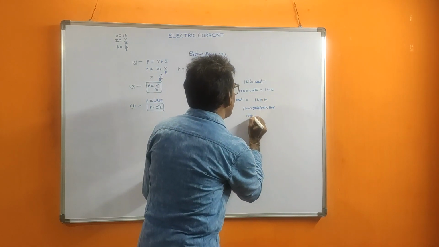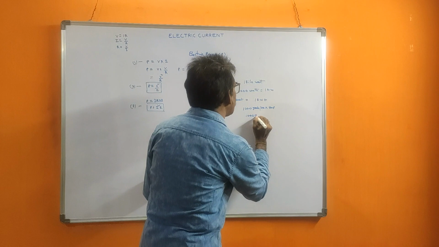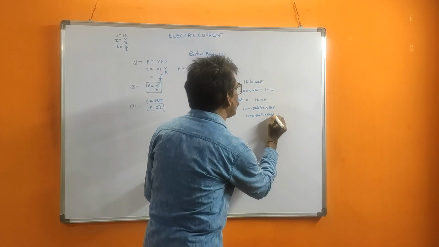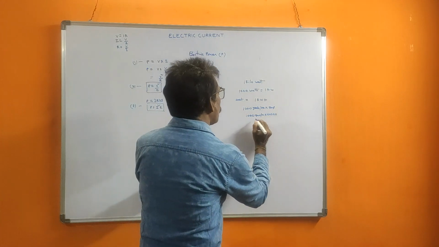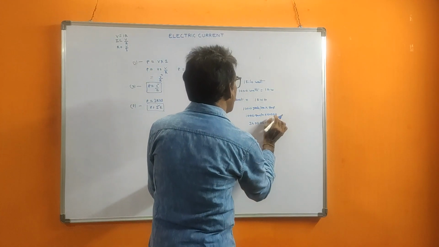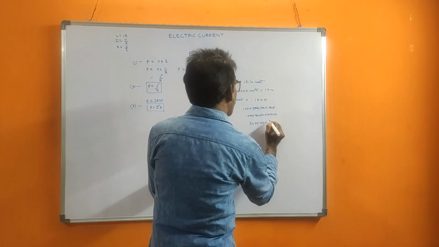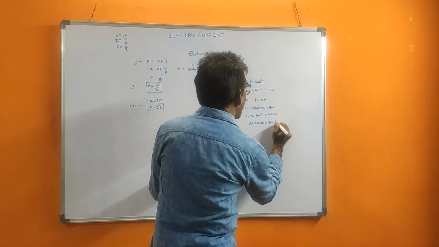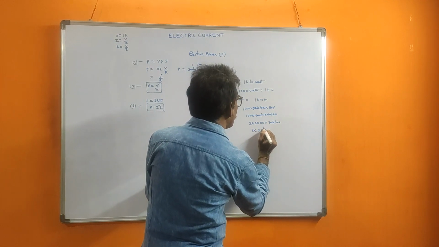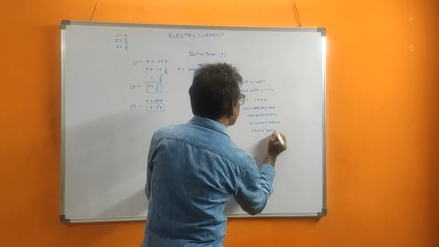If you write the hours in seconds, it is 60 into 60. So 1000 into 3600 gives 3,600,000 joules, that is, we can write this as 3.6 into 10 to the power of 6 joules.